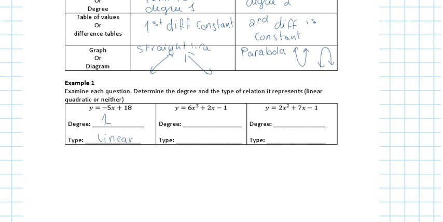Degree 3. Is it quadratic? Is it linear? It's neither. So it's neither quadratic nor linear. We don't learn what kind of function this is, but for those of you who know, it's a cubic function, okay? But for the purpose of this course, we just say neither. Third one, degree 2, and type is quadratic.